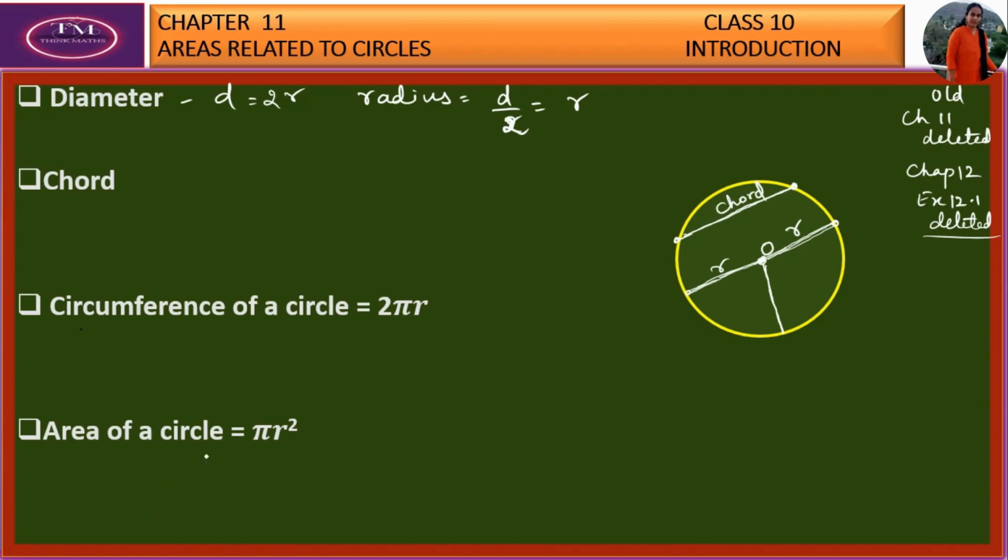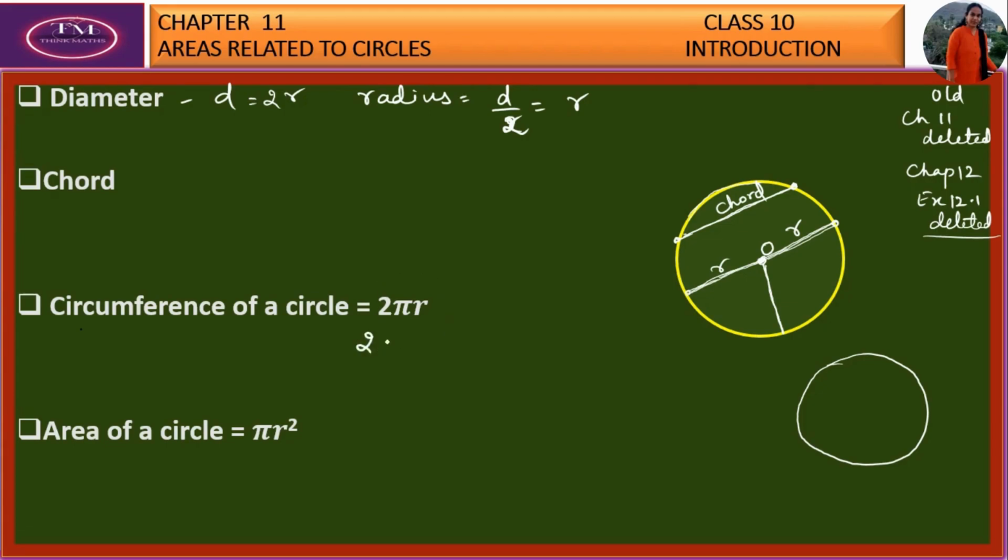Okay children. Next one, circumference of a circle. This length, this yellow line, is called the circumference of the circle. If we measure it, it is 2 pi r.